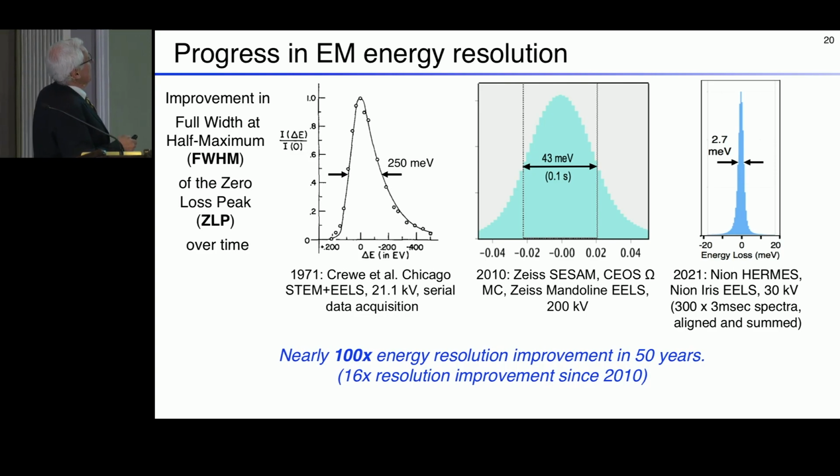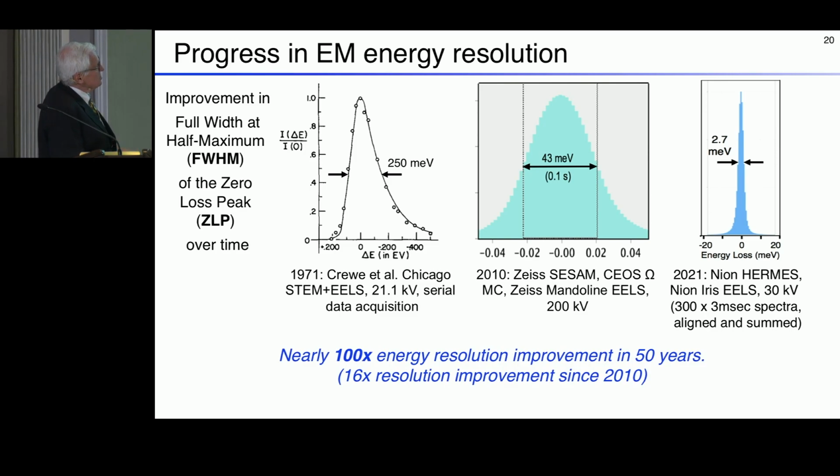So if you look at what Albert Crewe did with the spectrometer, they could resolve the native width of the energy distribution coming out from the cold field emission source, about 0.25 of an electron volt, with a very nice monochromator and spectrometer. Back in 2010, Zeiss and Sears together produced 43 milli-electron volts. We are now sitting at 2.7.